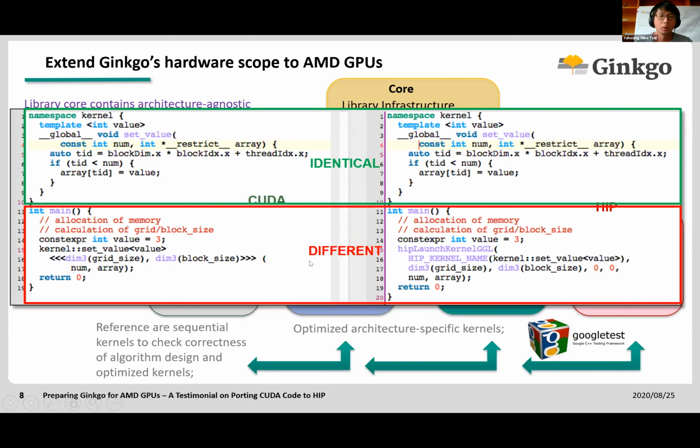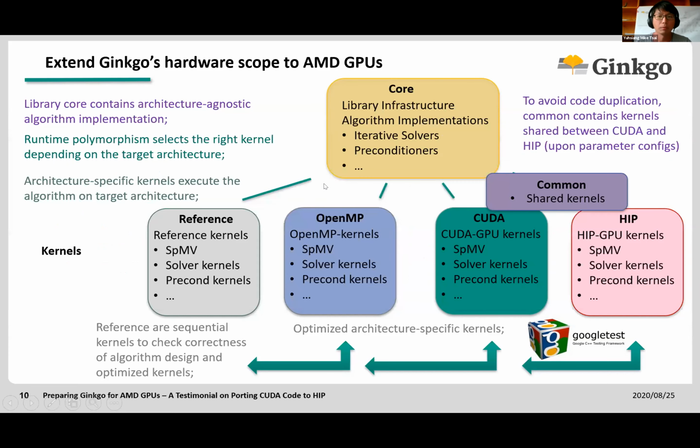So the idea is that we now move the identical part to one file, and in the CUDA and HIP structure, we just keep the different parts. So we create a common folder. It stores the identical kernels from CUDA and HIP, and the CUDA and HIP folders keep some parameter configuration or different runtime syntax.